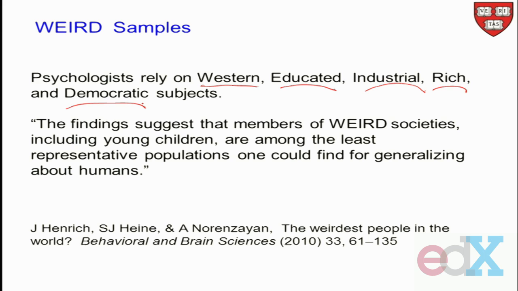So this defines who those subjects are, typically. And what they're finding is that these weird students are not that typical of other cultures. So some of the cultural findings in these psychological studies do not extrapolate to other cultures.